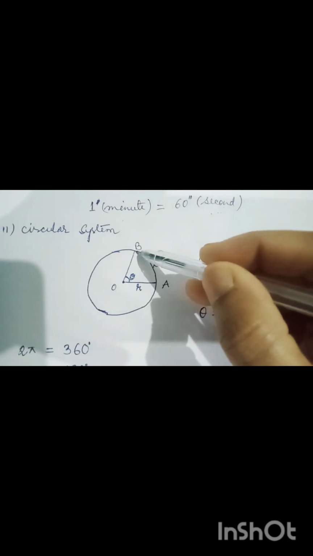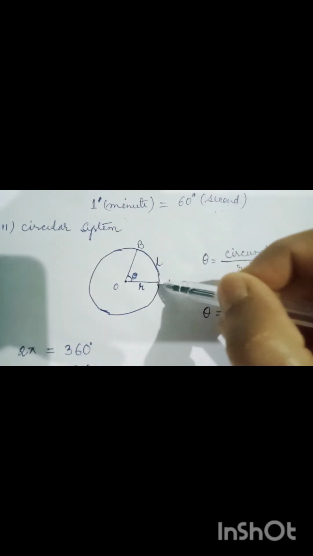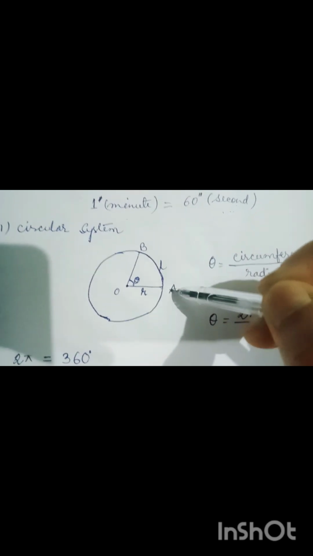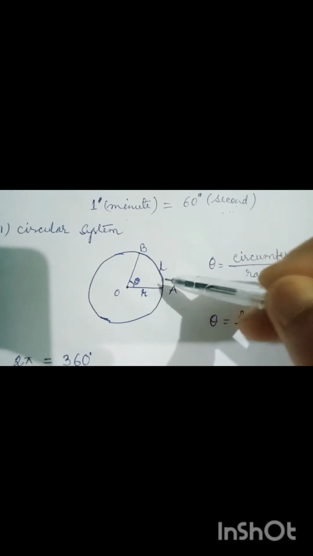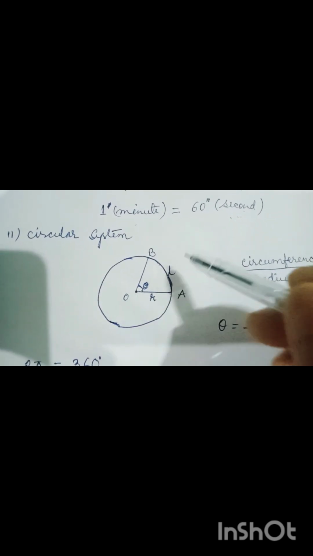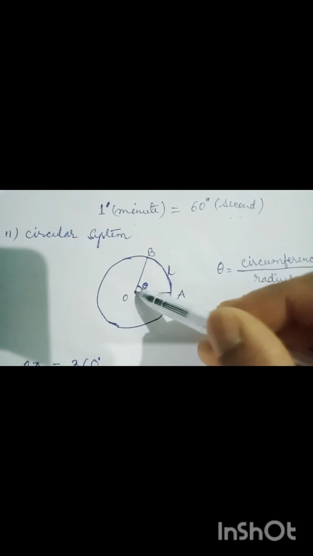From the circumference of the circle, let us cut an arc, arc AB. We have seen that AB has a certain length which is called the arc length. So we can say that this arc length subtends an angle theta at the center. The arc length AB subtends an angle theta at the center.